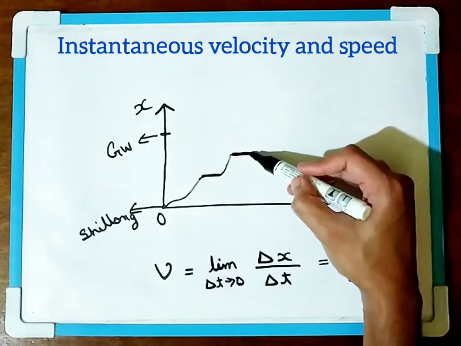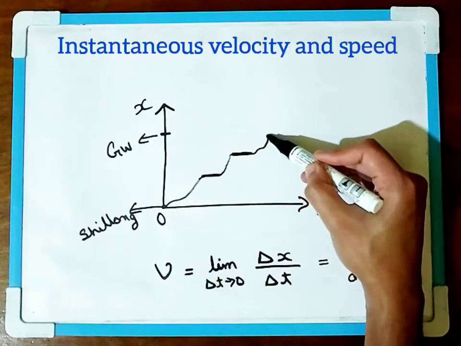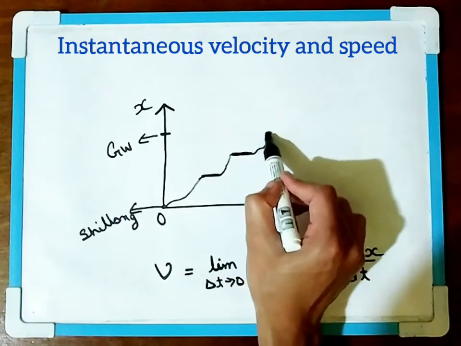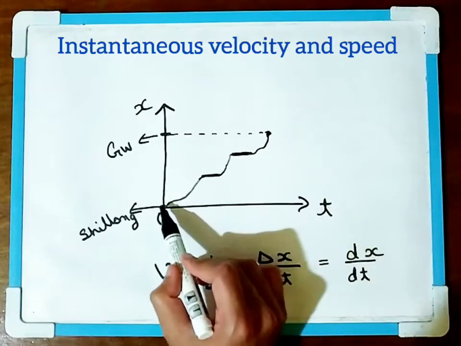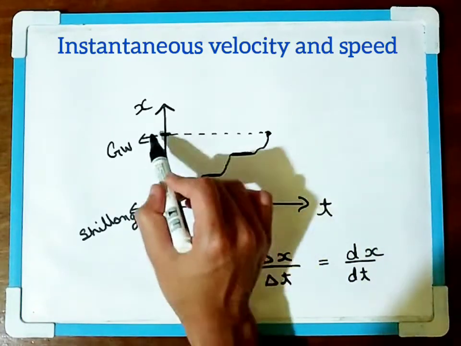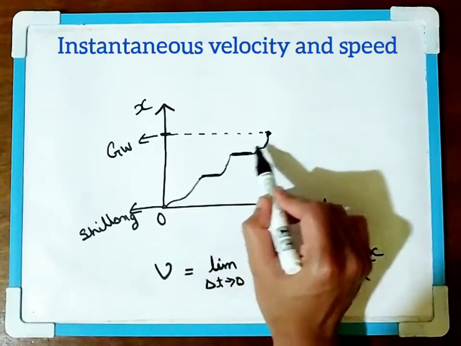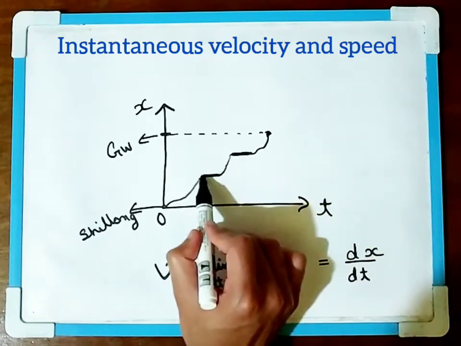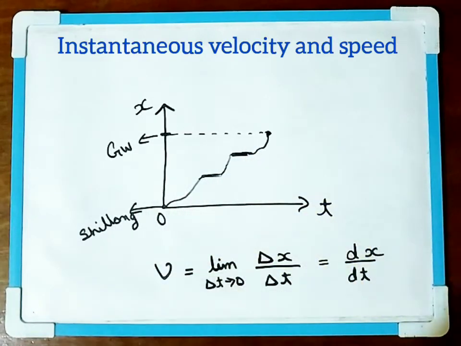Then again it will travel, say slowly, slowly, slowly. Then it will reach this destination, Guwahati. So as you can see from your journey from Shillong to Guwahati, the motion is not uniform. So at these intervals of time, the car is at rest.